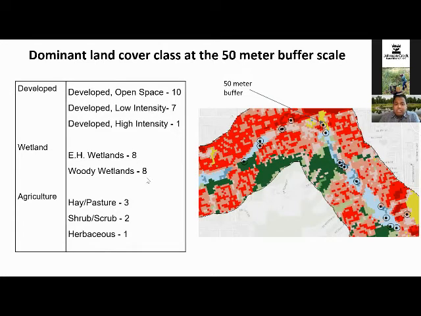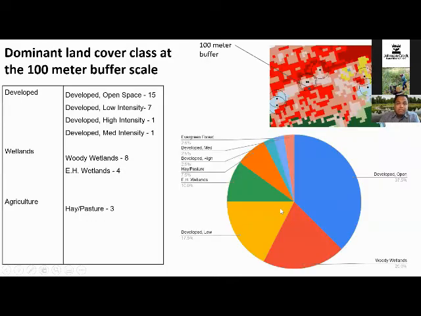About 16 beaver dams are close to wetlands, and then we also have some agriculture areas. However, at the 100-meter scale, we have again more developed areas, but fewer wetlands, which is explained by the presence of more and more urban areas as you move out away from Johnson Creek and away from the beaver dams.